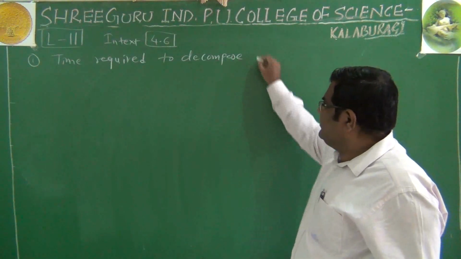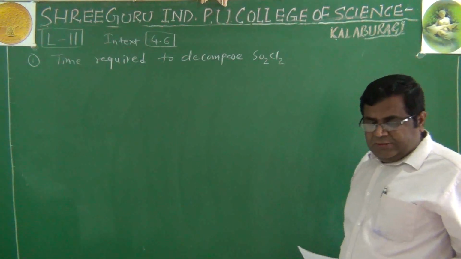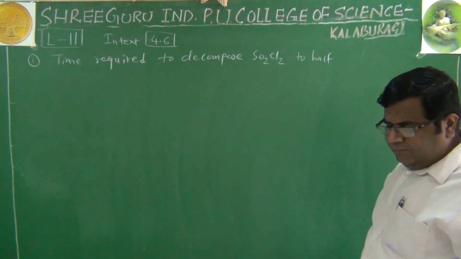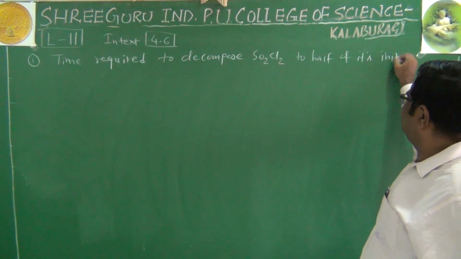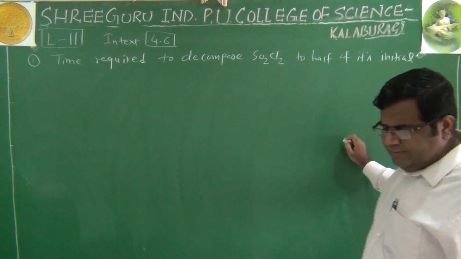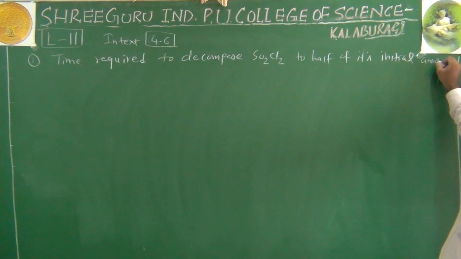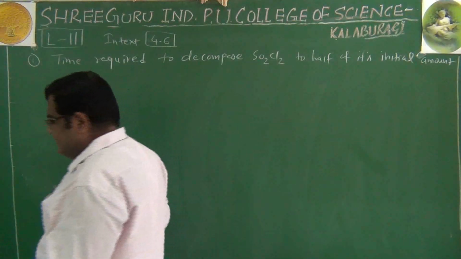So time required to decompose SO2Cl2, thionyl chloride, to half of its initial amount is 60 minutes.